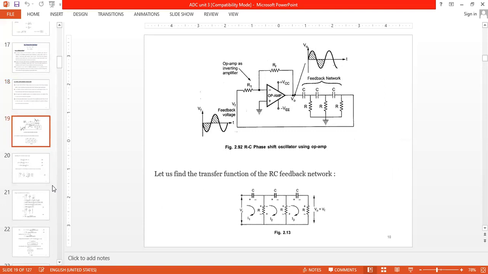So this is the model of the RC phase shift oscillator with the operational amplifier.